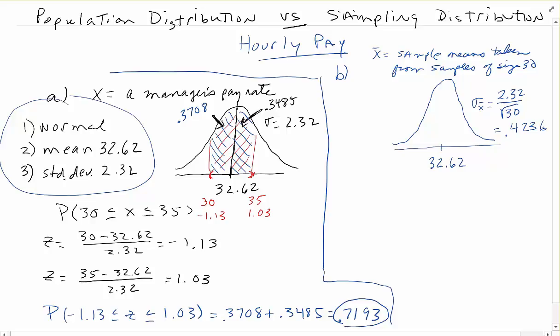Now, the question is, what is the probability that if we take that sample of size 30 managers and we average their pay rates together, that average will be within 75 cents of the $32.62? So I'm going to add and subtract 75 cents.